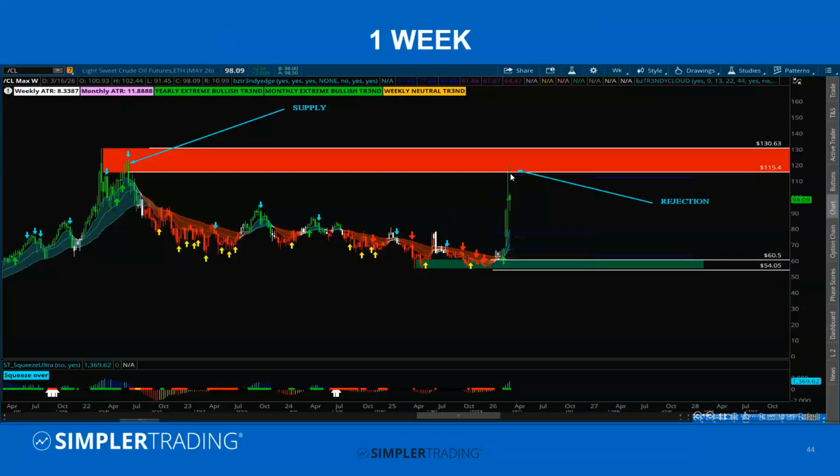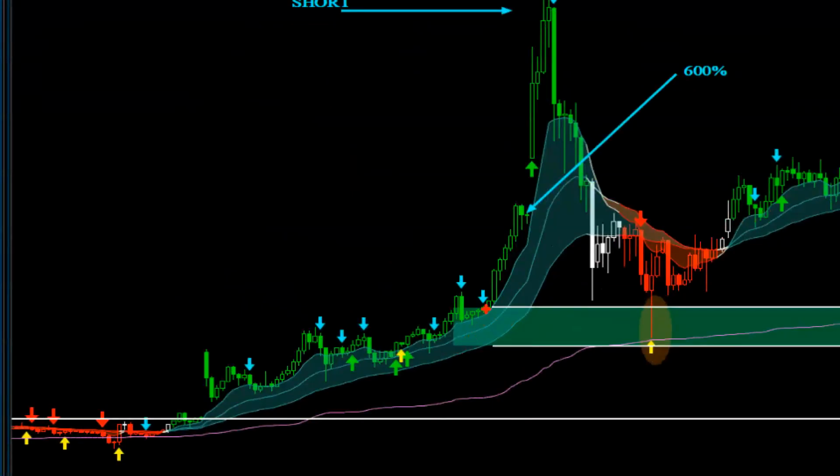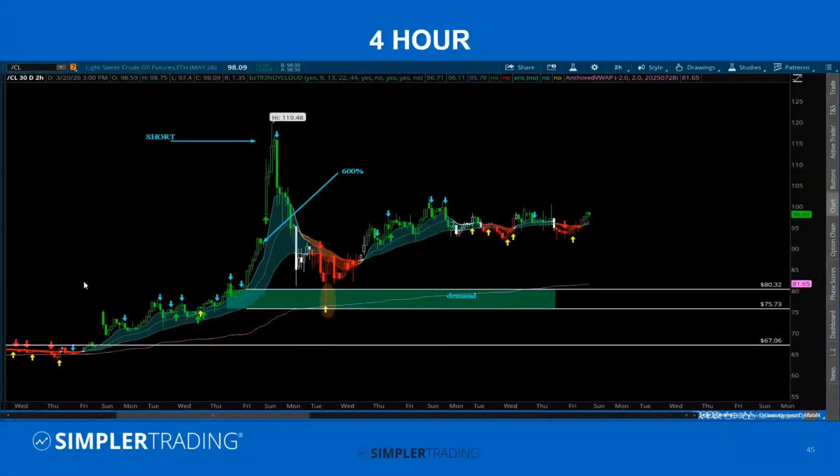This is the supply zone. This is the reaction or the rejection from that supply zone. And then here is where I shorted and was able to take 600% from the market. Okay. The other thing that some of you traders might have been able to do is identify where that demand was in the market.